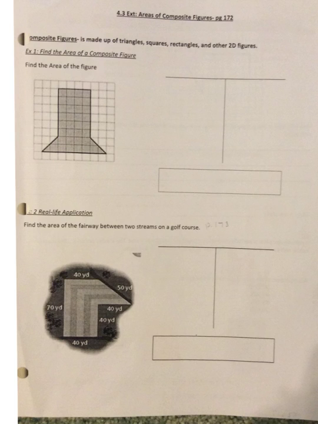So looking at example number 1, we can break this shape, whatever you want to call that composite figure, into two smaller shapes. Now there's lots of ways you can do it. You can break it into a lot of different smaller shapes like triangles and one large rectangle. Or I in particular see this shape.